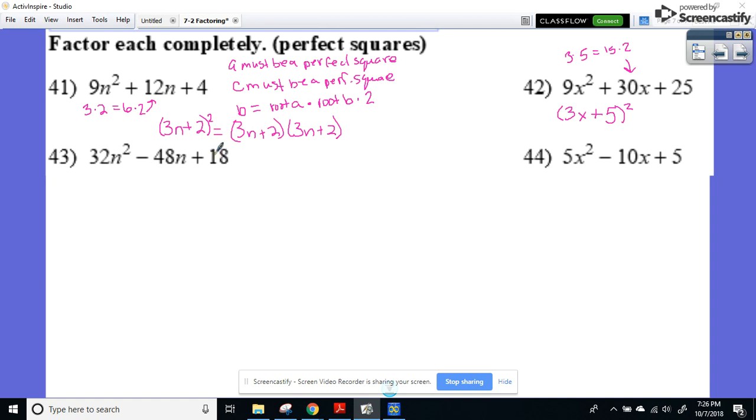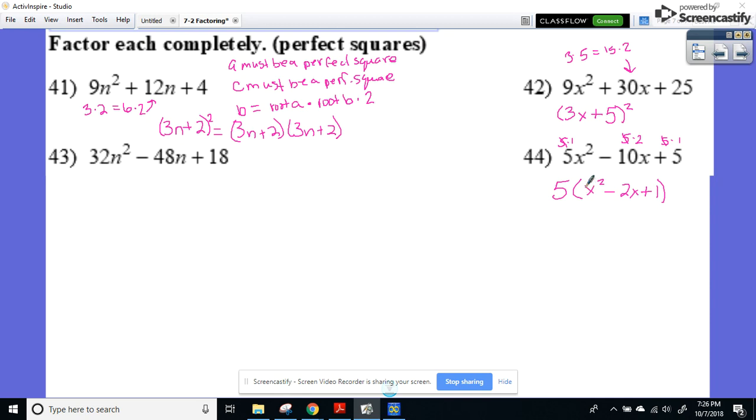Not a perfect square, not a perfect square. But if you check for a GCF, this one's faster. Check for a GCF. This is 5 times 1, 5 times 2, 5 times 1. 5 is a GCF. Pull it out. We have x squared minus 2x plus 1. Pull the 5s out. 1, negative 2, 1.